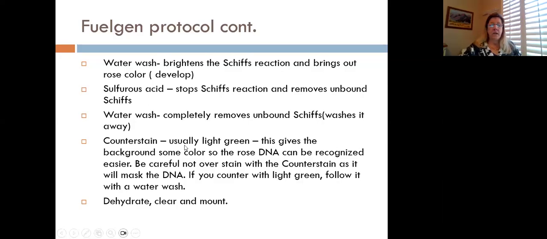So, yeah, then you're going to counterstain. You're going to counterstain usually with a light green, because the DNA is going to be that rose color. Okay. So opposite on the color wheel, you're going to counterstain, and actually it's a background of light green.